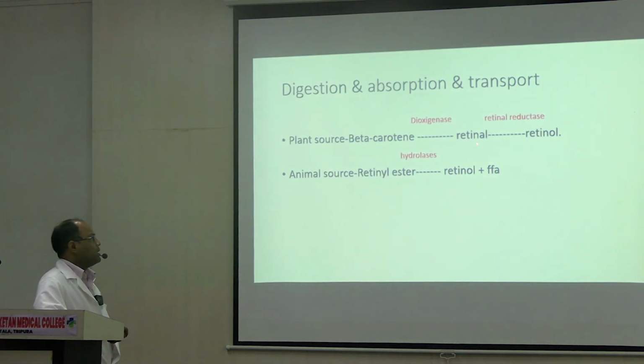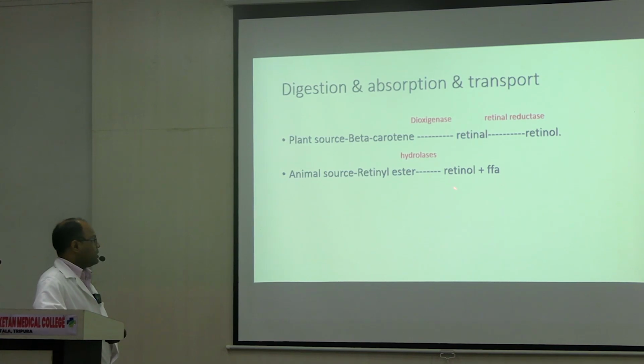And again, the enzyme retinal reductase converts retinal into retinol. In animal sources, we usually consume retinyl ester, and this retinyl ester hydrolyzes into retinol and free fatty acid. In this way, digestion occurs.